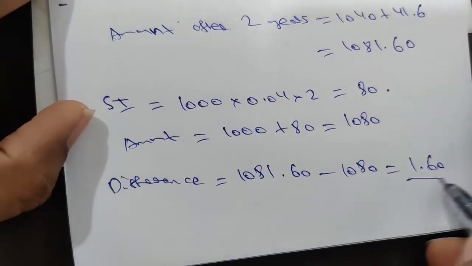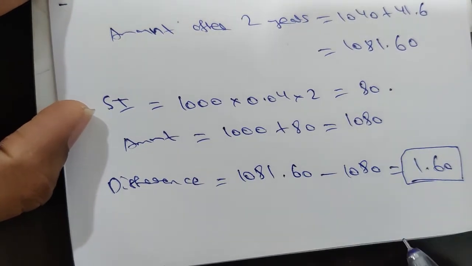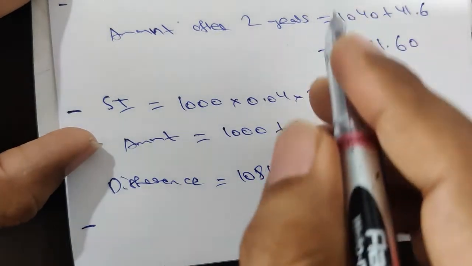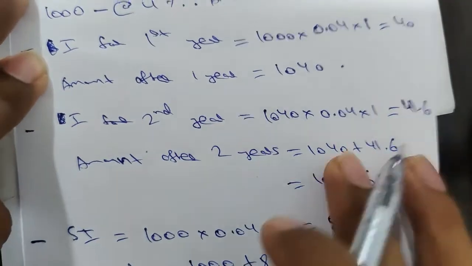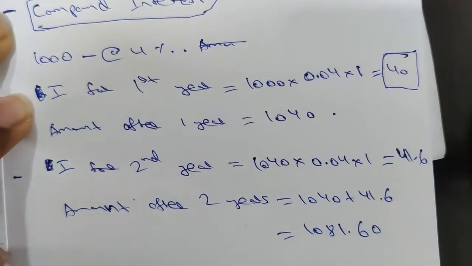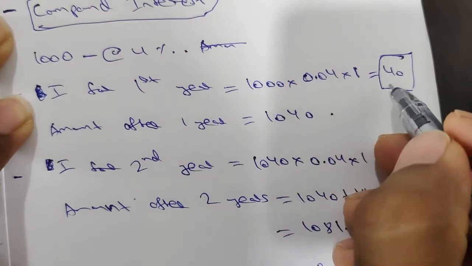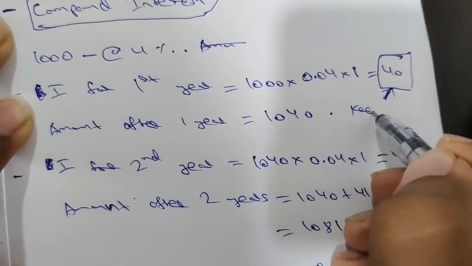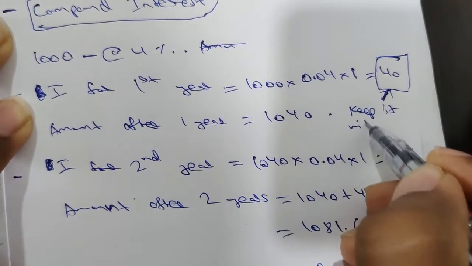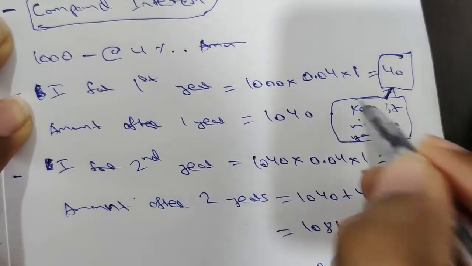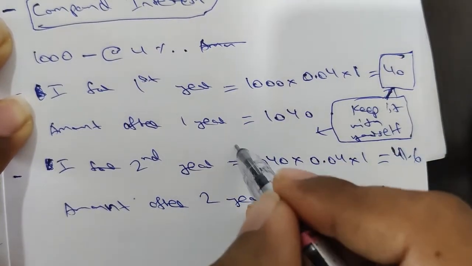What is this difference? It seems difficult, but it is not. How much interest did we earn at the end of 1 year? 40. Now simple interest assumes that you just take this 40 and keep it with yourself, that is, you do not earn anything on this. No earnings.